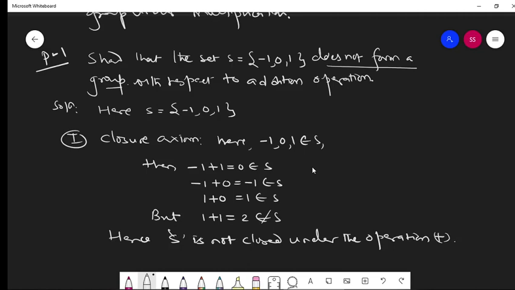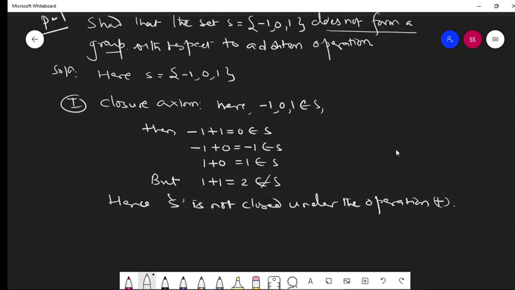So for question one, we have to show it does not form a group. If out of the four axioms one is not satisfied, even if the others are satisfied, it doesn't form a group. So one is enough. We don't know which of the first, second, third or fourth will fail, but here fortunately the first has failed, so why check the second? You can practice it for your understanding.